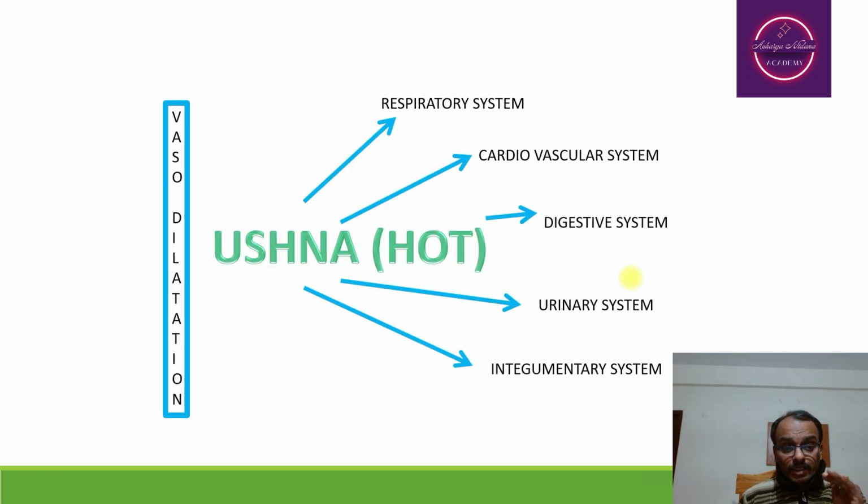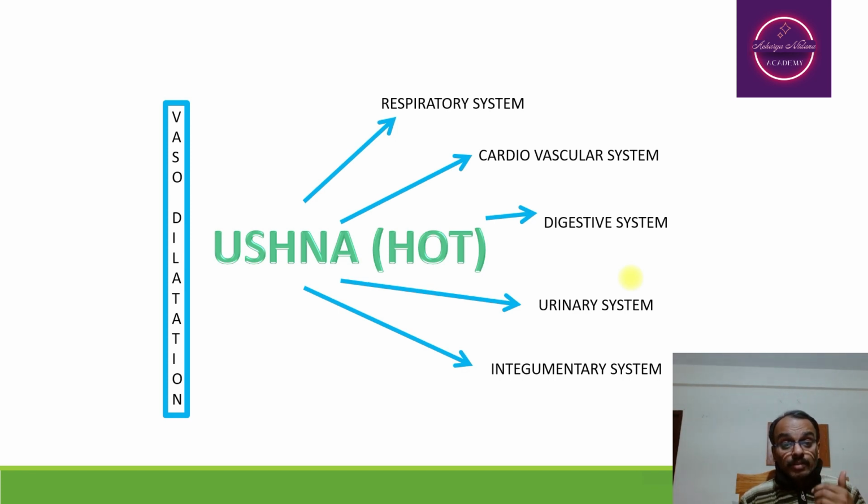Now, coming to the relation between the Ushna Guna and its effect on the body. Whenever you look into the Ushna Guna, it is nothing but that whatever the person is going to consume will have the hot quality in it. For example, in the respiratory system, the person will be inhaling hot air itself.